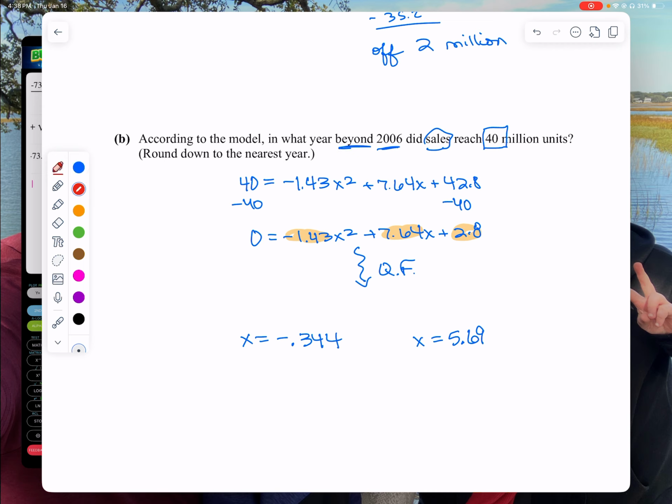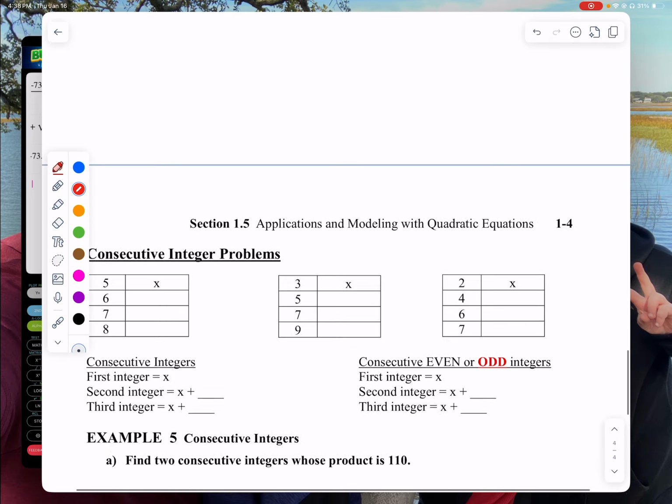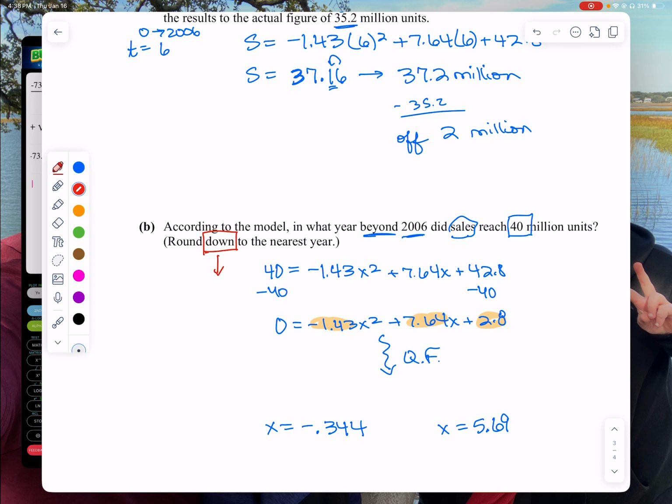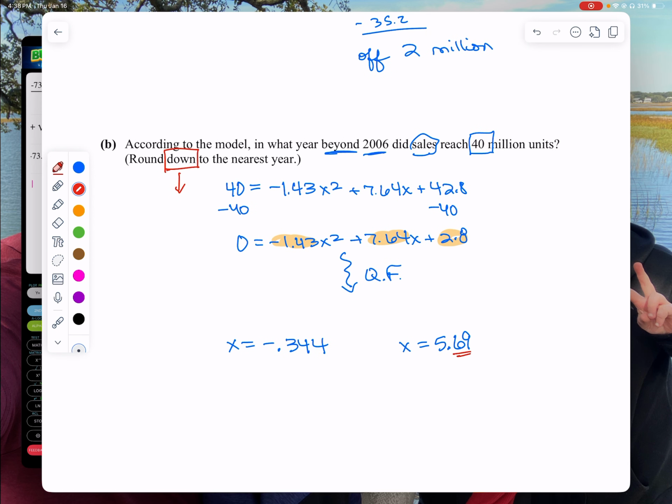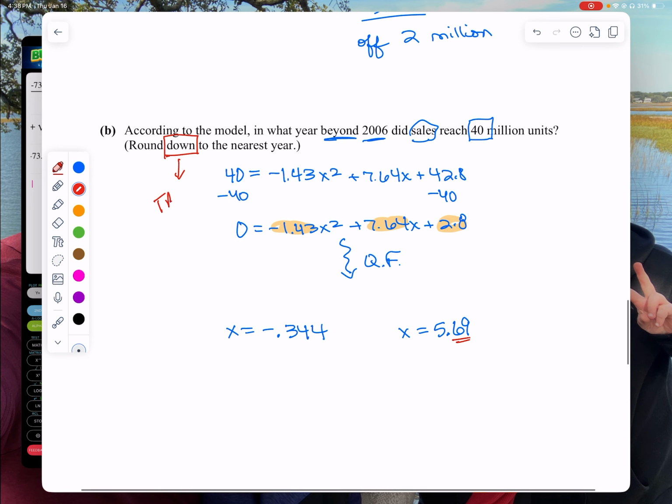Now, my lab does this a lot, so I'm going to call your attention to it. Do you see that it says round down to the nearest year? It's specifically saying go down. I would not normally round that down. I would round that up to 6 years, but because they said go down, that is a trap. Okay, so we're going to go down to 5 years later.